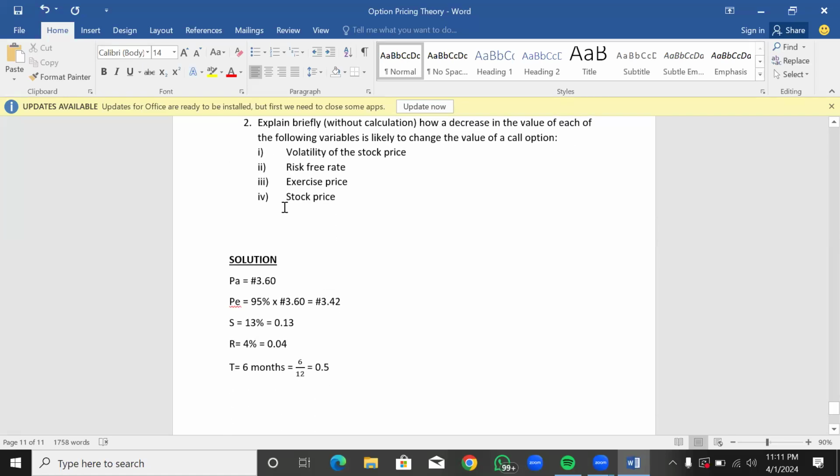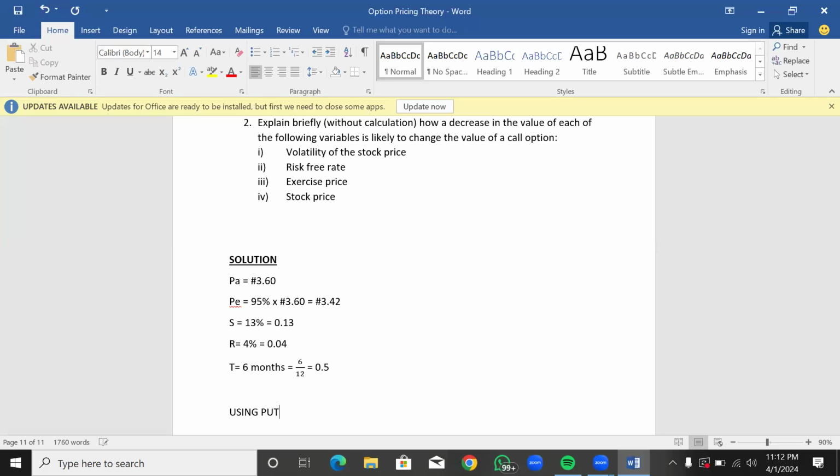But in this question, like I said, we'll use put call parity. We have all agreed that we are calculating a put option. Whenever you see a put option, it's always advisable to use put call parity because of the complexity of a put option.